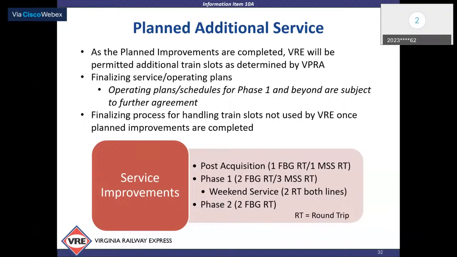But we have to recognize too that if there's an event where VRE, specifically with this agreement, does not, at some point after the phased improvement has been implemented, go ahead and add that additional service, what happens to those train slots, right? So those are some things that we are currently contemplating and negotiating in the agreement.